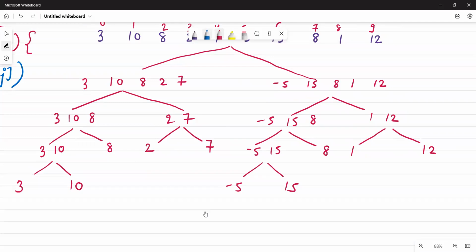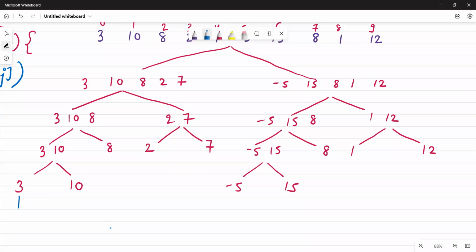Okay. Now, obviously, you know the number on the left hand side is going to have the smaller index and the number on the right hand side is going to have the bigger index, right? Because we have made the divisions in that way. Clear? Okay. So we will check if this is a valid combination or not. Is this a valid combination with 3 and 10?